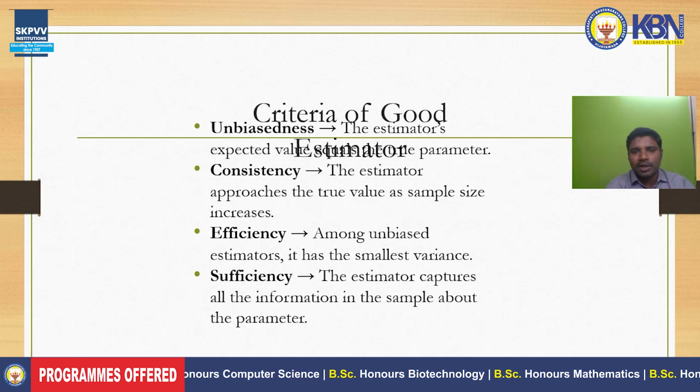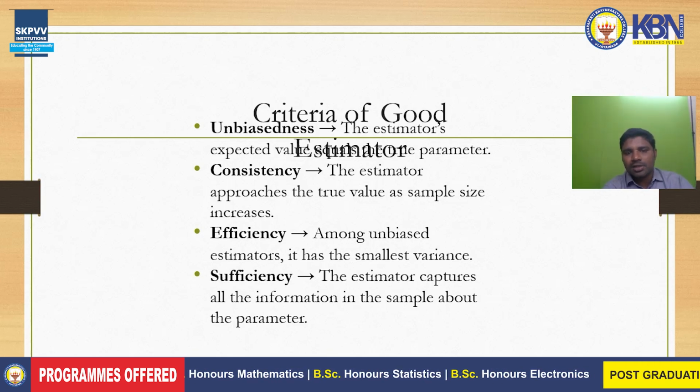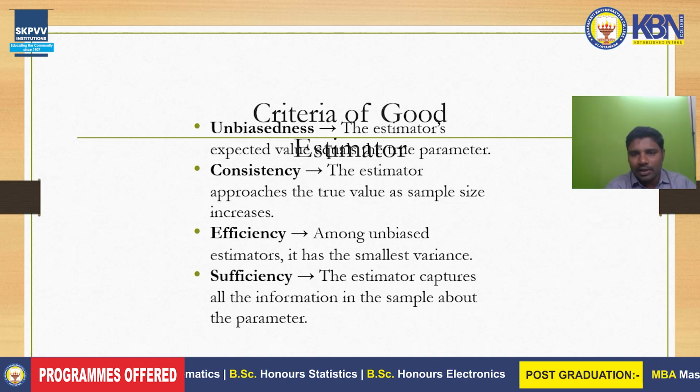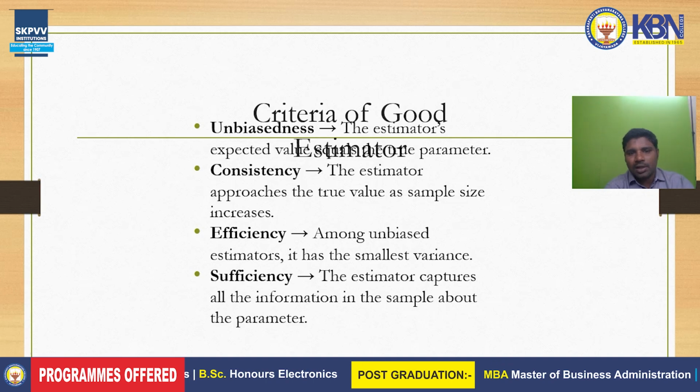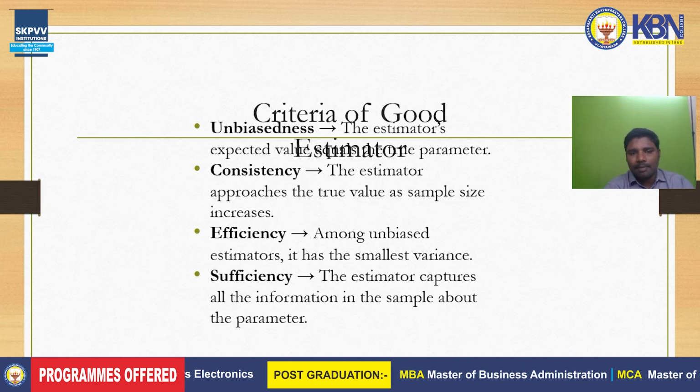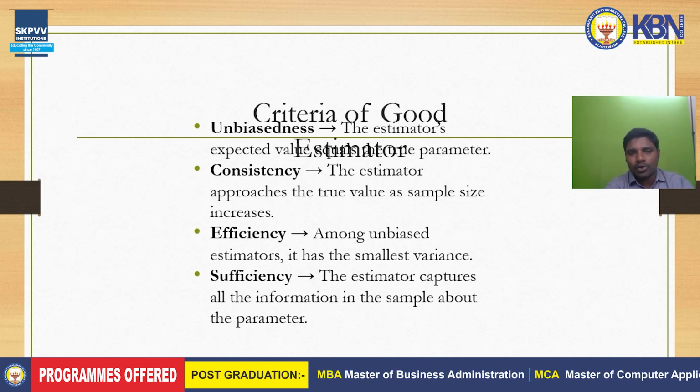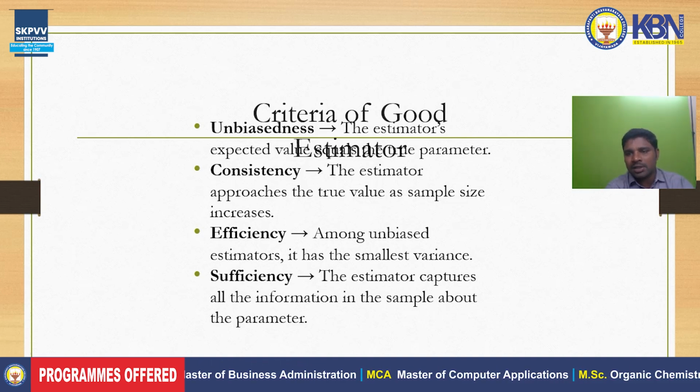The criteria of a good estimator are unbiasedness, consistency, efficiency and sufficiency. Unbiasedness means the expected value of the estimator must be equal to the parameter. Consistency means the sample statistic must get nearer to the true parameter value as we increase the sample size.